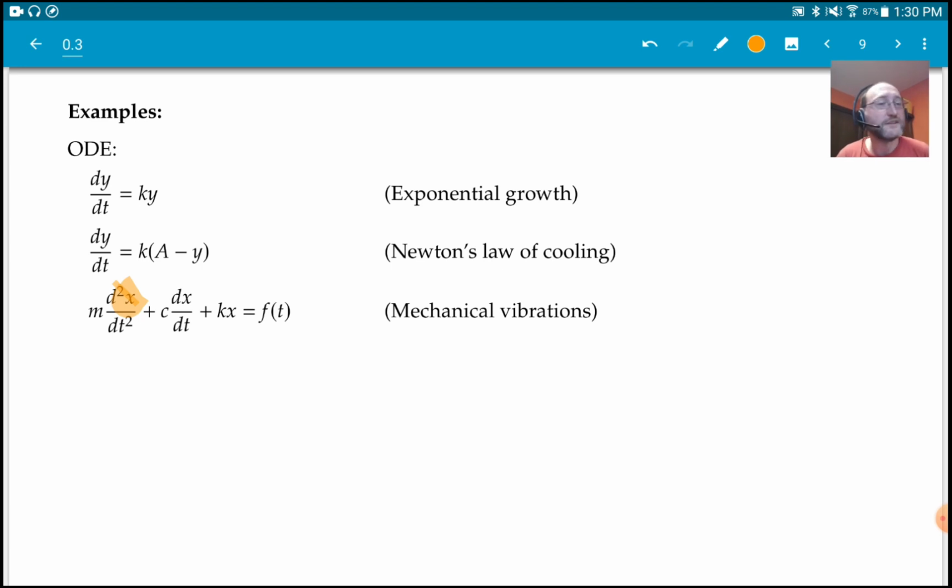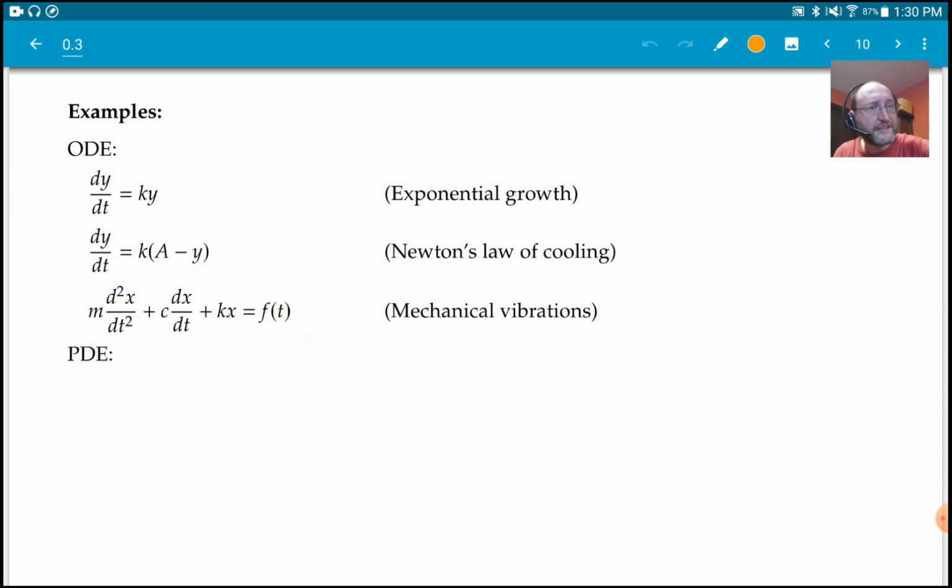So we have one dependent variable x, one independent variable t. m, c, and k are just some constants, and F is some function. It's the forcing term. Maybe there's some outside force pushing your mass around. So those are all ODEs.